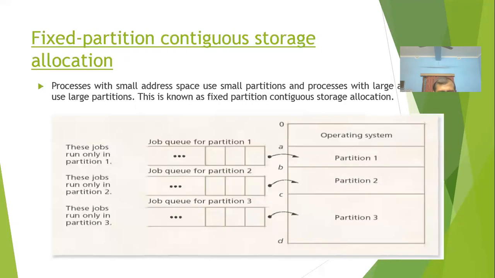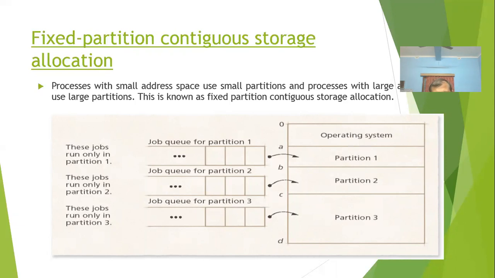So if you consider the present slide, you can see a diagram there. There are three job queues and there are three different sections of the memory. They are termed as partition 1, partition 2 and partition 3. In partition 1, there is a particular queue of processes to be given memory storage locations.